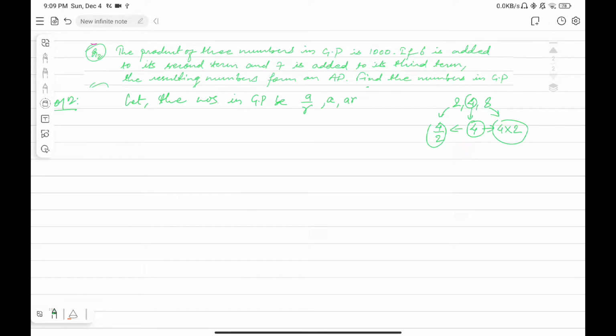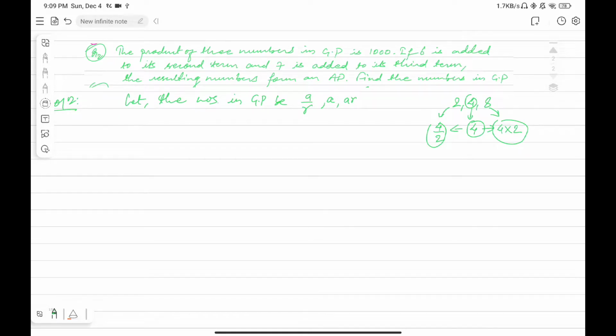Likewise, we are supposing that the middle one is A, the next one is AR, and the previous one is A by R. What it does is it gives us the value of A directly, because the first condition which the question has given to us is that the product of these three numbers is 1000.